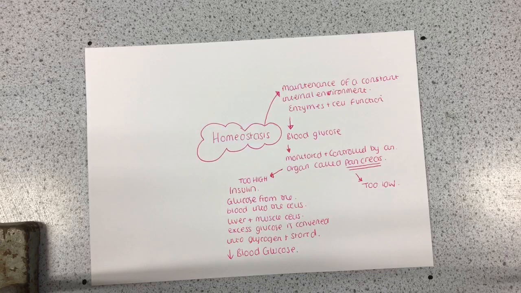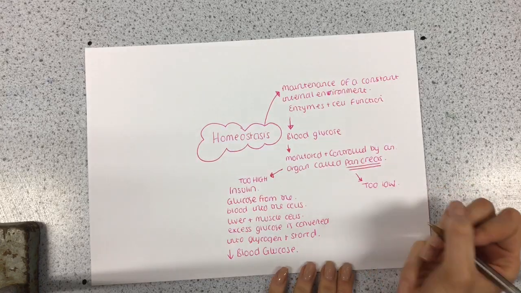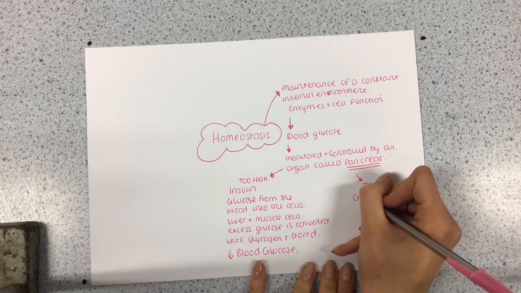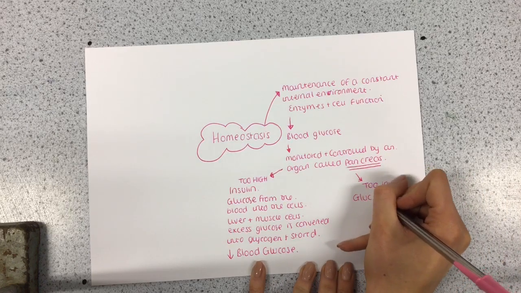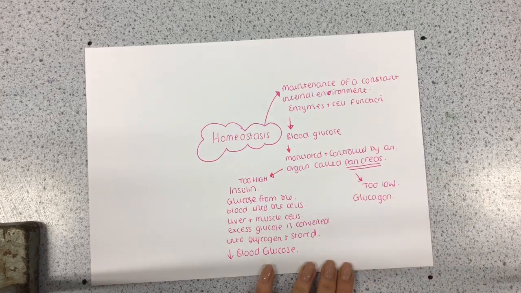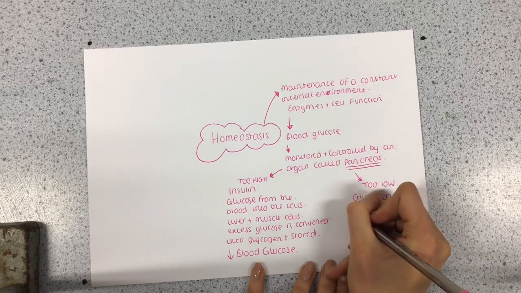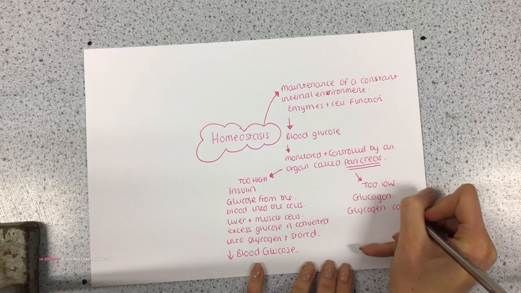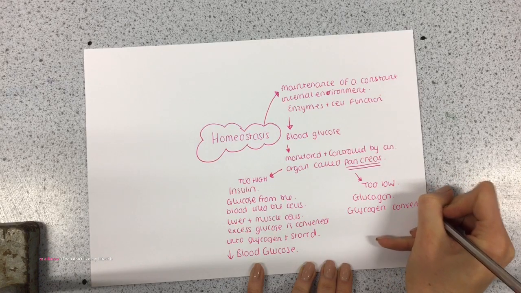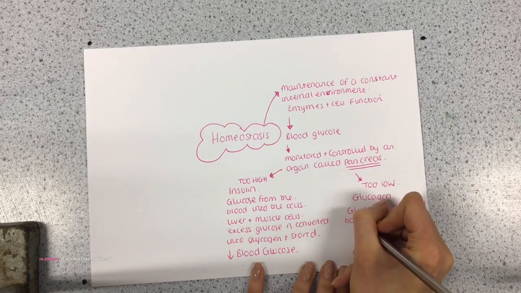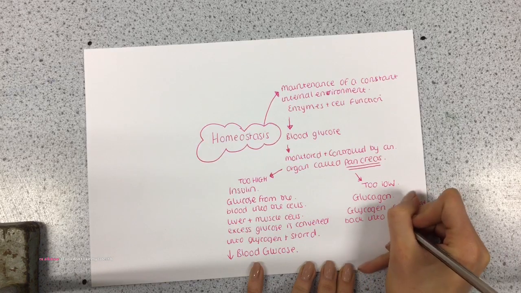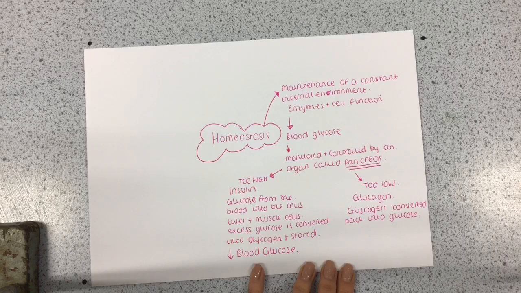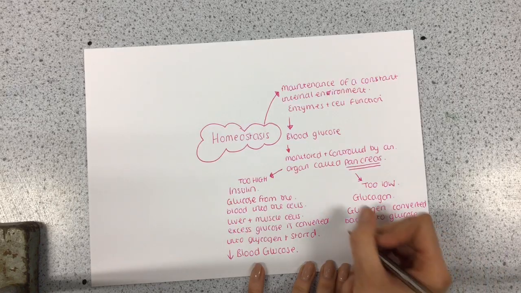Okay, so what happens when our blood glucose falls too low? Another hormone is released, this time called glucagon. Now this time, the glycogen which was stored is converted back into glucose, and when it's converted back into glucose, it is then released back into the blood.